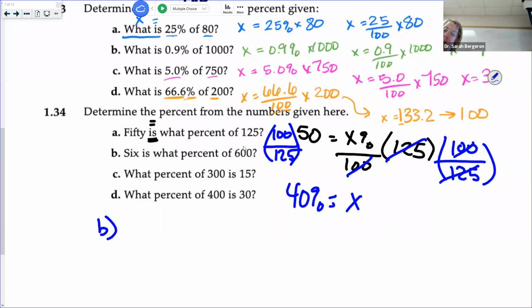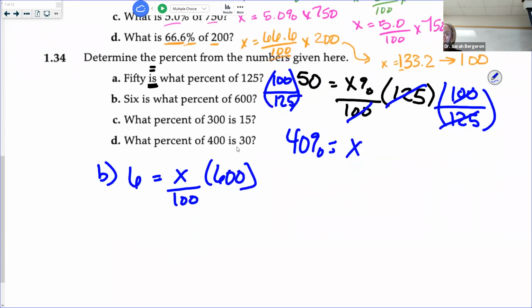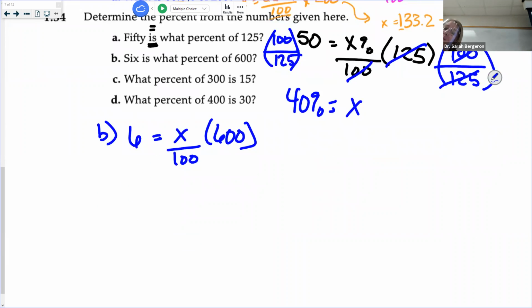Okay, B. 6 is what percent, so that's X out of 100, of 600. Solve for X, however you like to solve for X. Don't like to impose my ways on anyone.